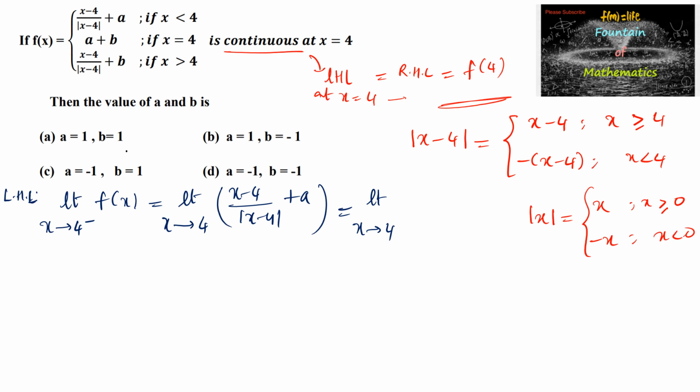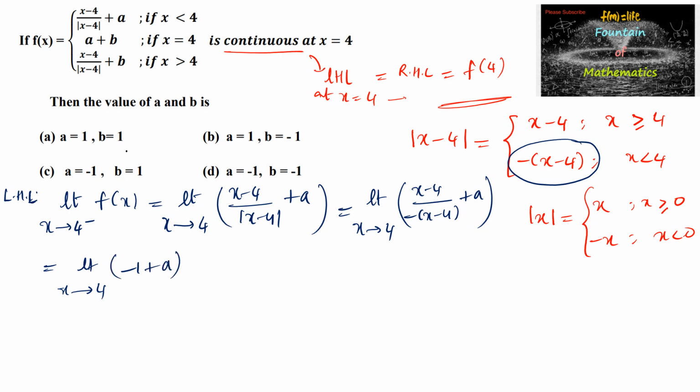Since it is below 4, we have to consider negative of x minus 4 for mod of x minus 4. So we can write x minus 4 divided by negative of x minus 4 plus a, which is equal to limit as x tends to 4 of negative 1 plus a. So it is independent of x, so we can write a minus 1.